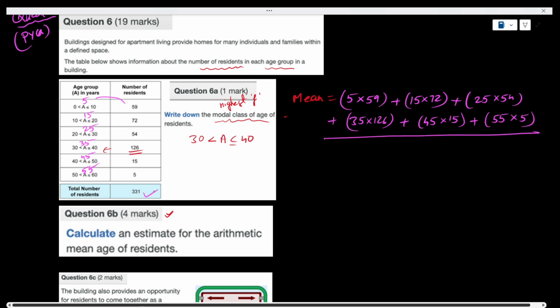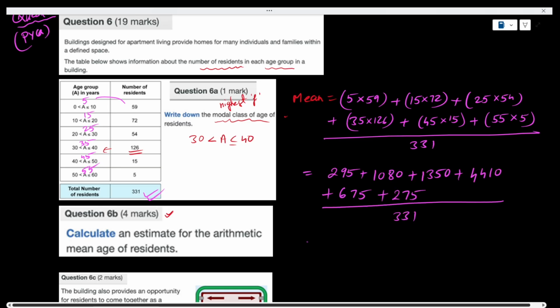It's already known, 331, so directly I can write 331 here, and if you take the sum, it comes as 8085 divided by 331.